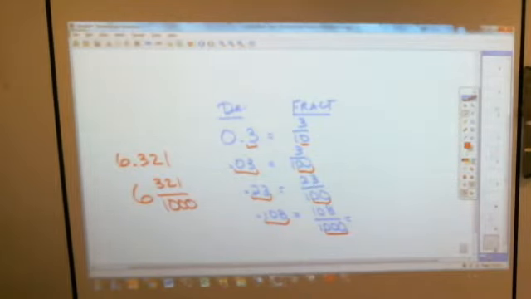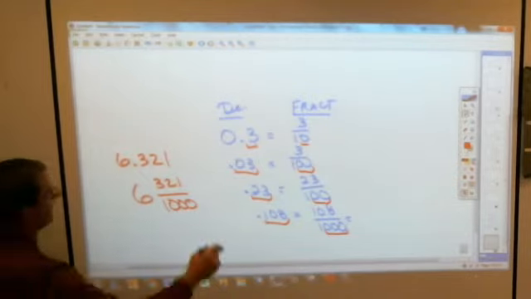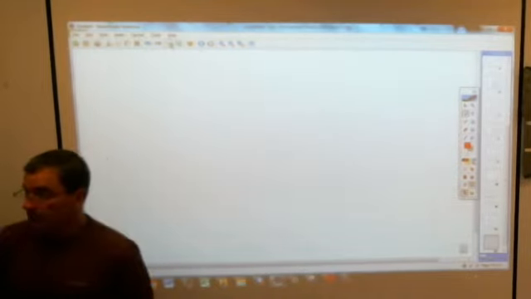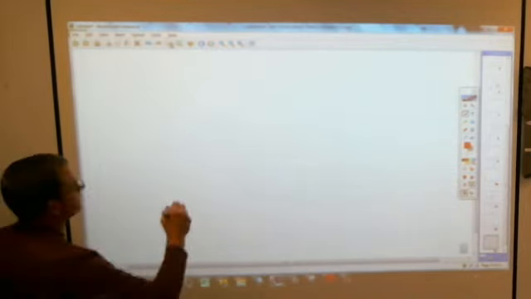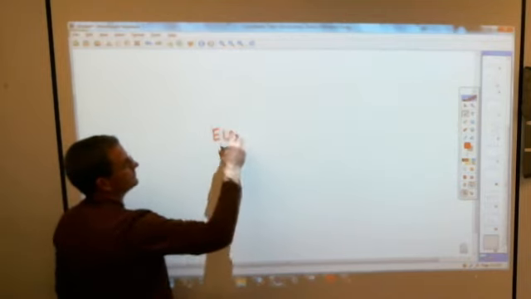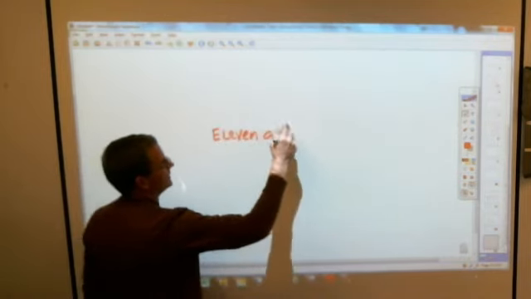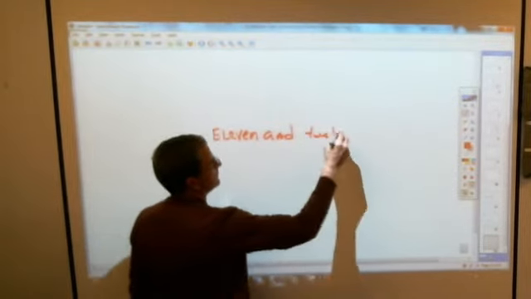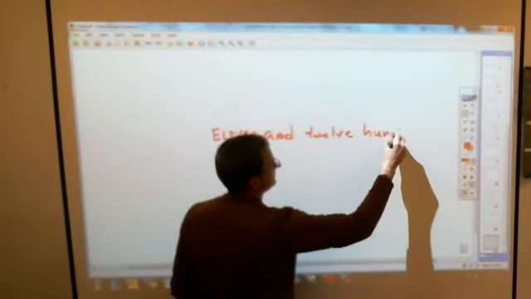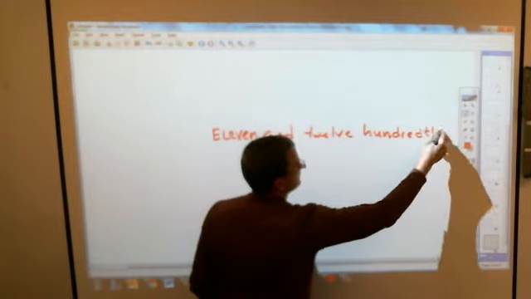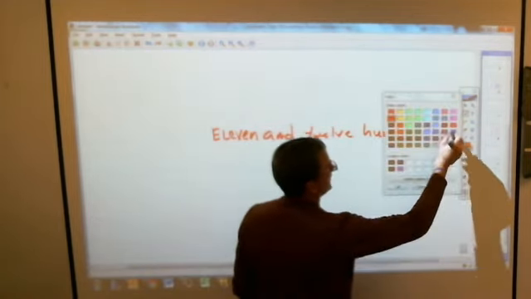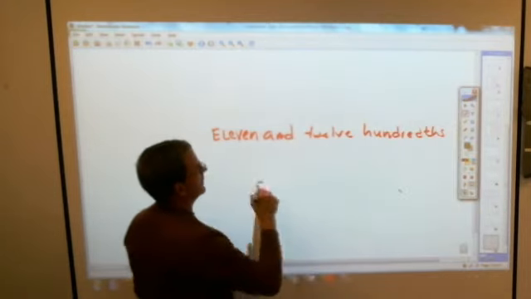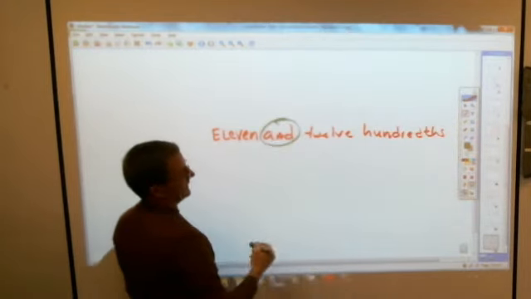Oh, well, how about this? Let's do this. We also have to be able to change words into decimals. How about this problem? 11 and 12 hundredths. How would you write 11 and 12 hundredths? And as you do this, maybe this is a key word, because "and" is the decimal.